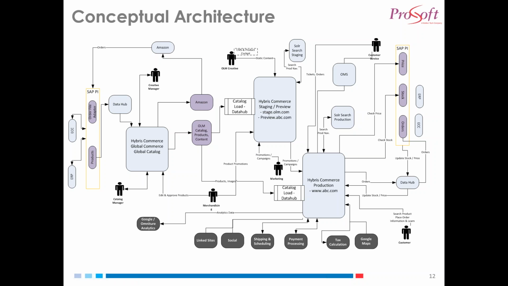It shows how the product catalog data moves across these different stages, and from staging into production with proper authorization and workflow, so that the master data is maintained in a particular instance and eventually gets dispersed into the different instances of the B2C and B2B websites.